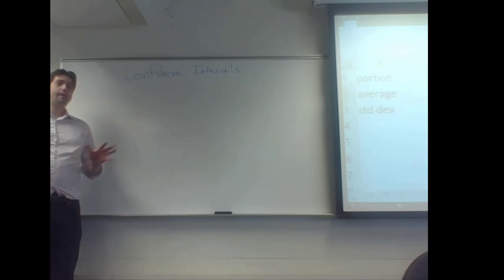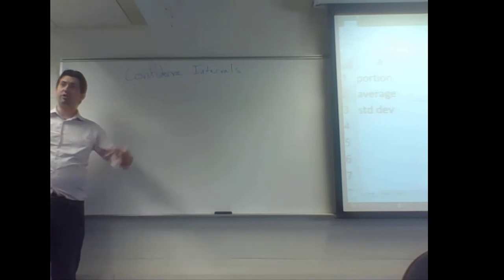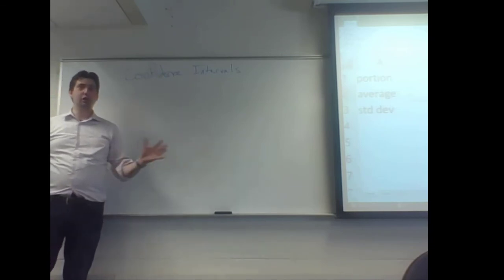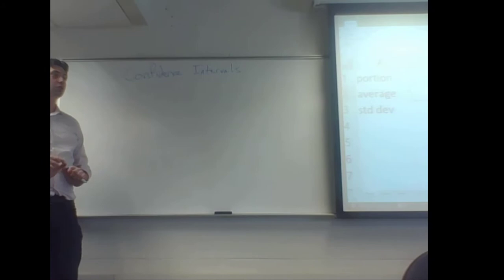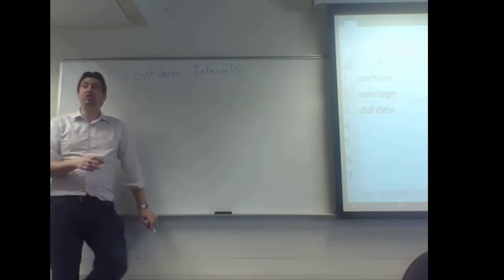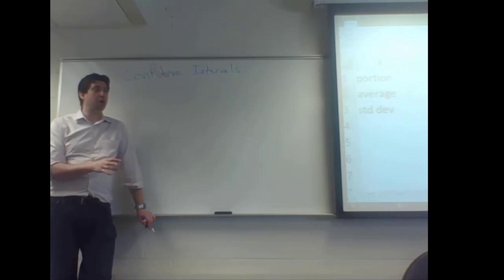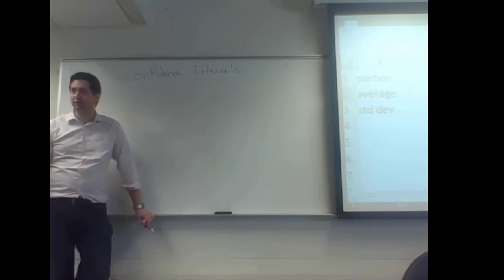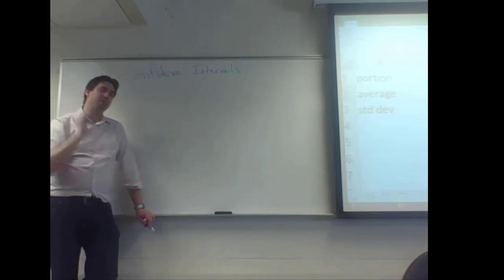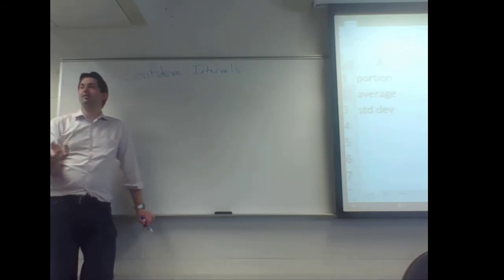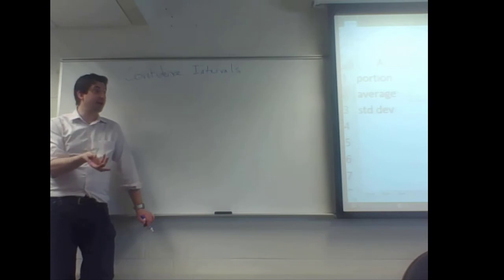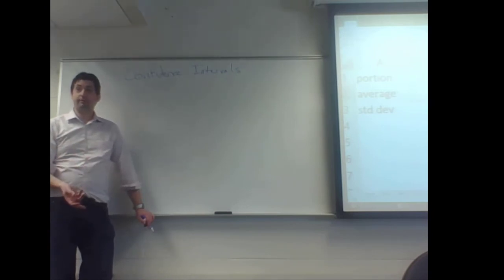Confidence intervals are a way to get a good idea of what's going on in the population. Remember, when we take a sample, we are getting essentially, for lack of a better word, a guess as to what's going on. If I want to figure out what the average hair length is, for example, I'm taking a sample of people, but I recognize that the average I find, based on that sample, might be wrong for random reasons.